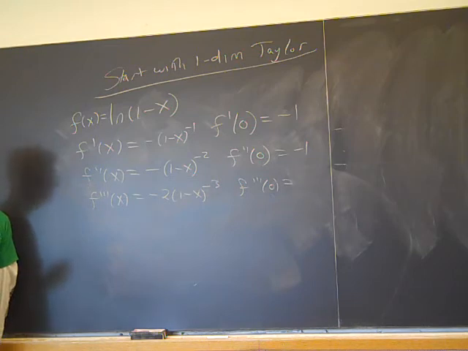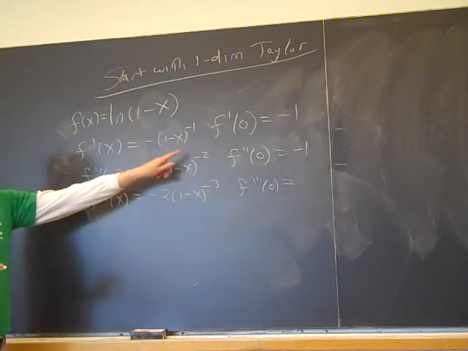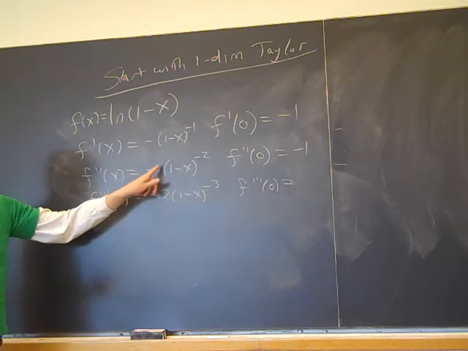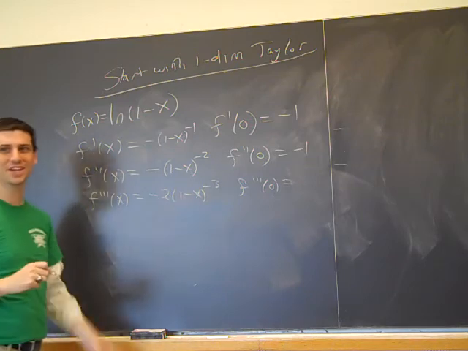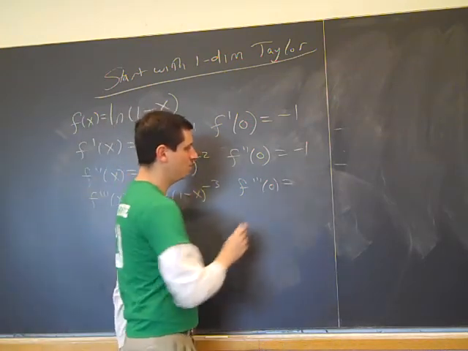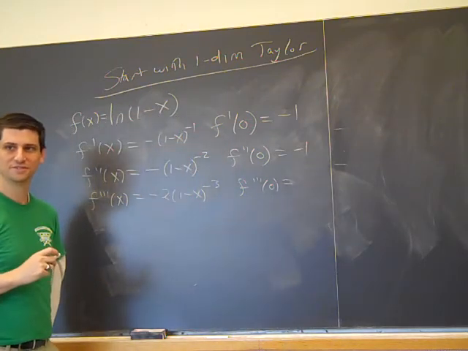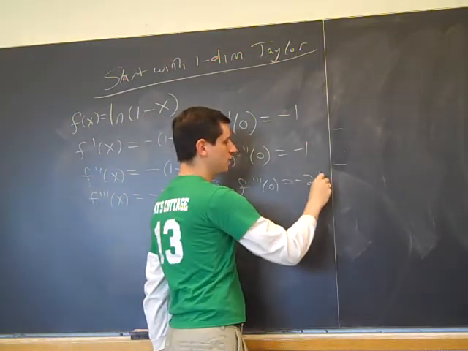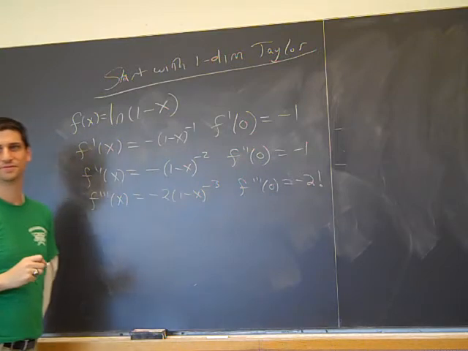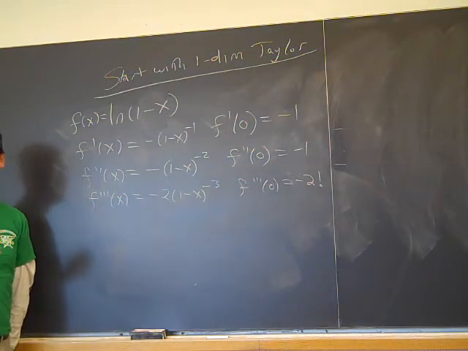Doesn't it become positive? Negative times negative 2 is positive 2, and then I have the derivative of 1 minus x, which gives me a negative. So all of them are going to be negatives. F triple prime of 0 is negative 2. But I'm actually going to write this as negative 2 factorial. 2 factorial is the same as 2.